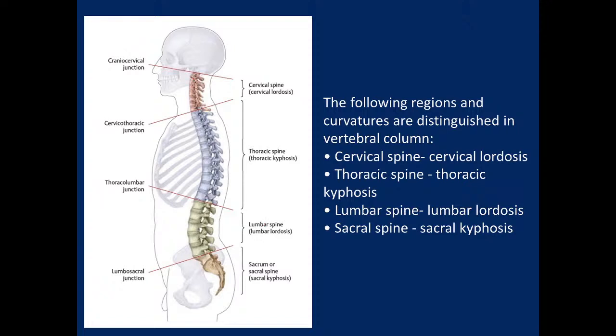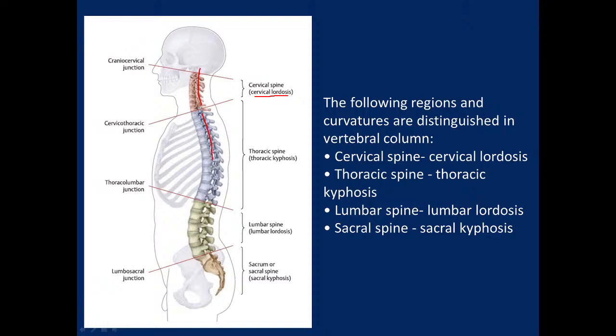You see, our spinal column is not like a line. It is like a curve, and these curves we call lordosis and kyphosis. So when we have this curve in the cervical region, we call it cervical lordosis.